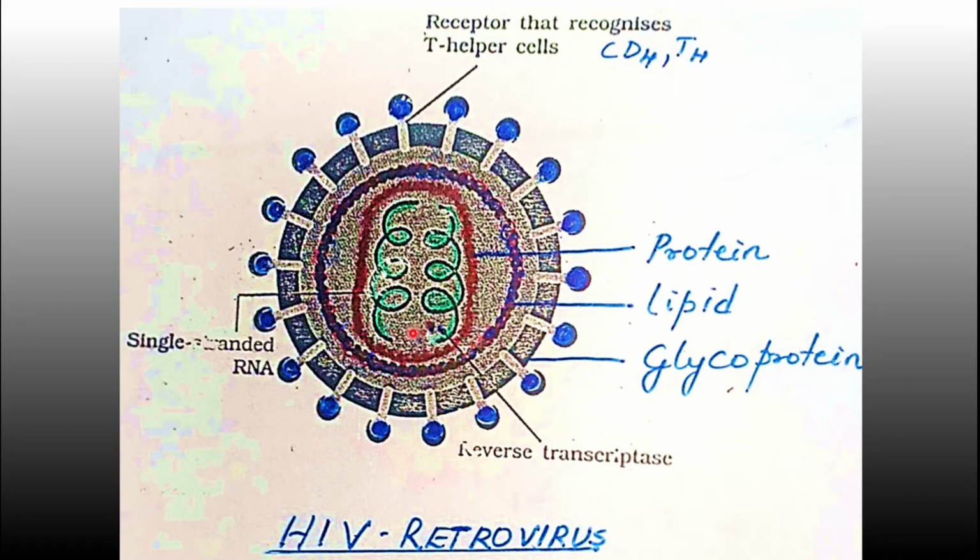This is the protein layer called the capsid layer, made of individual units called capsomeres, and here is the lipid layer which is derived from the host. This is the glycoprotein layer. The glycoprotein layer contains spikes which are capable of recognizing the helper T cells, the CD4 sites. So this is the structure of the HIV retrovirus.